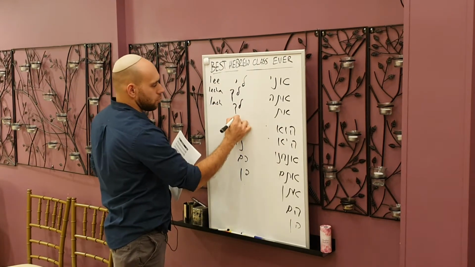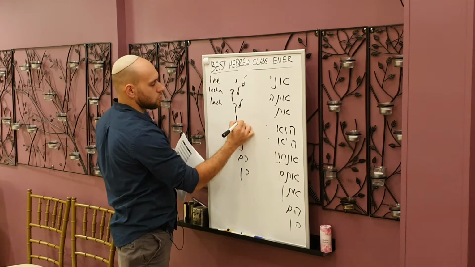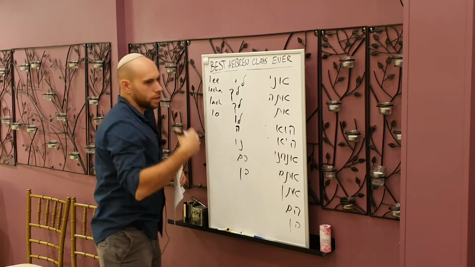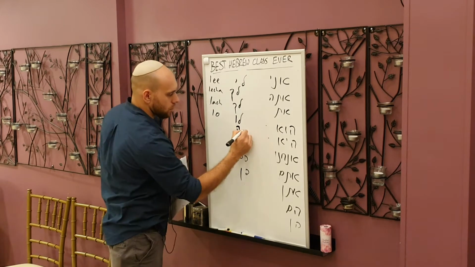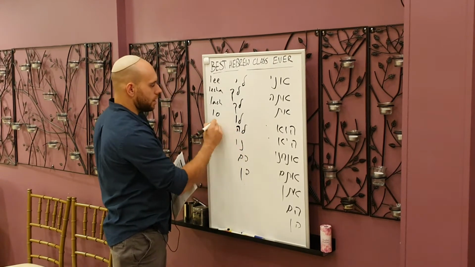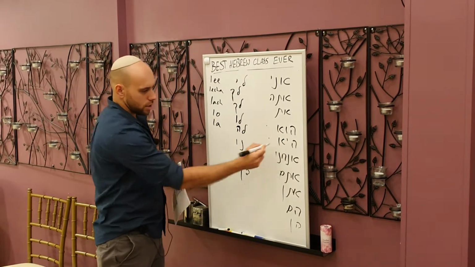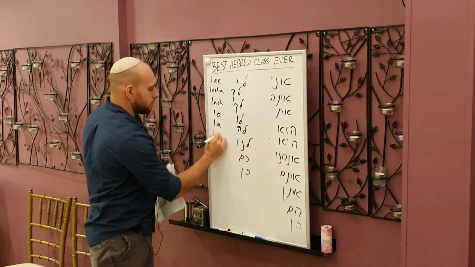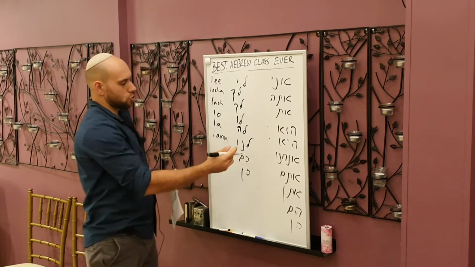You add the vav, which makes an O sound, so that becomes lo, to him. To her, you add the lamed, you add the hey, you get la. Anachnu, you add the lamed, that means lanu, to us.